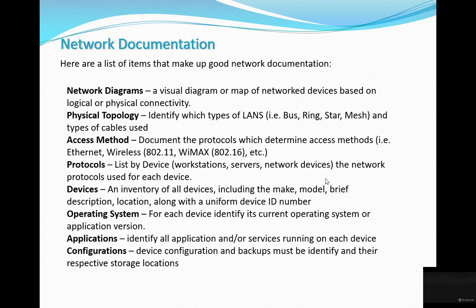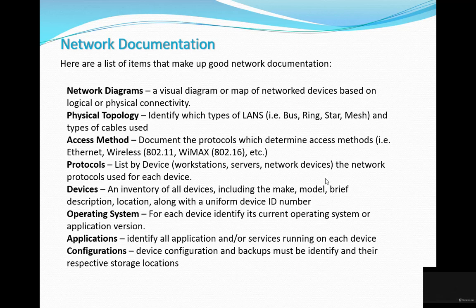Next, we want to have access methods. What types of protocols are being used for the purpose of access methods? Here, for instance, I'm referring to, let's say, Ethernet or wireless protocols such as 802.11 or WiMAX and so on. Next, we have our general protocols, and we want to do this by device, whether it be workstations, servers, network devices.